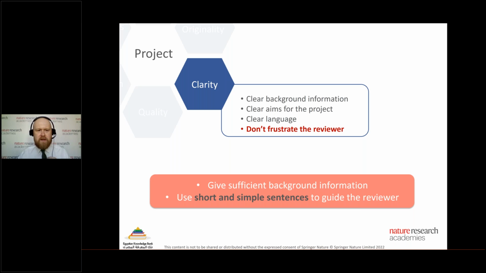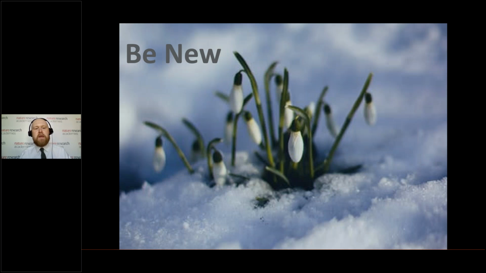Okay, the next part of the project that the reviewers may be looking at is originality. We really want our proposal to be new. It needs to be new and provide a novel proposal to our research field.